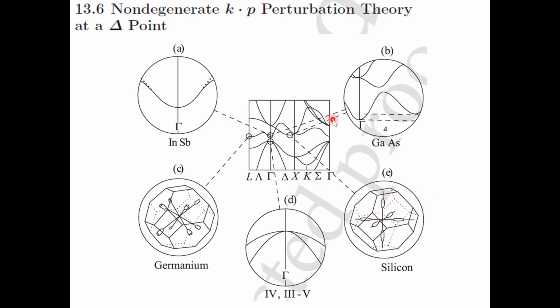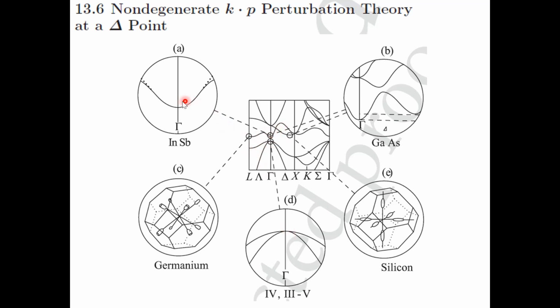Okay, this picture is not for silicon. This is probably germanium. You see that for germanium, the minimum of the conduction band is at the L point, and this is just to schematically show different cases. For instance, the top of the valence band in group 4 or 3-5 compounds is threefold degenerate at the gamma point, and as I said, this degeneracy is broken if you include spin orbit effects.